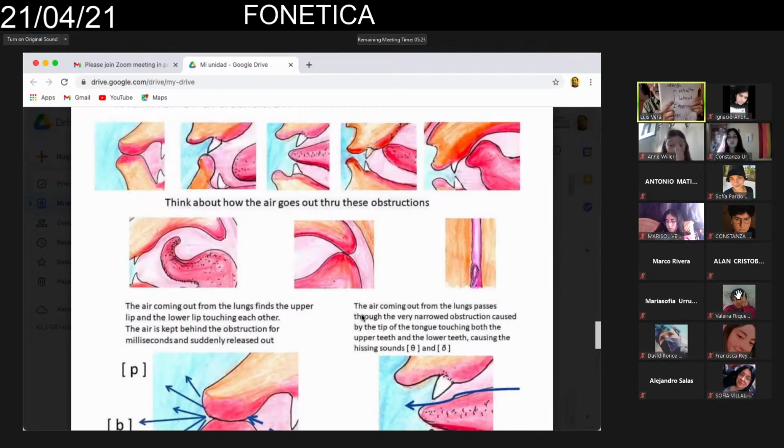Then the l in English is lateral. That's very crazy. It's not the same as in Spanish. In Spanish, I say lily, la lily. In English, it is lily. You have to extend your tongue. You have to spread your tongue right to the sides. Lily, right?